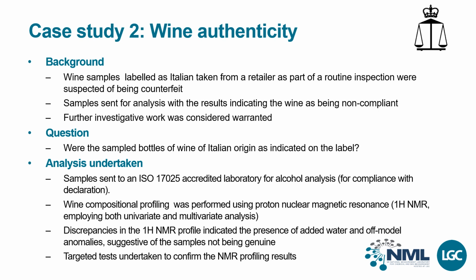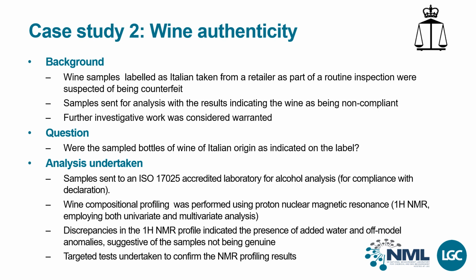An initial analysis was undertaken, with the samples being sent to an ISO 17025 accredited laboratory for alcohol analysis for compliance with that declared. In addition, wine compositional profiling was undertaken using proton nuclear magnetic resonance, 1H-NMR, employing both univariate and multivariate analysis.